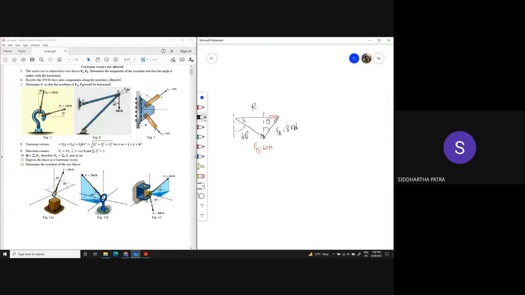So this angle, as I can see, is 50 degrees, and if this angle is theta, and also this angle would be 40 degrees.